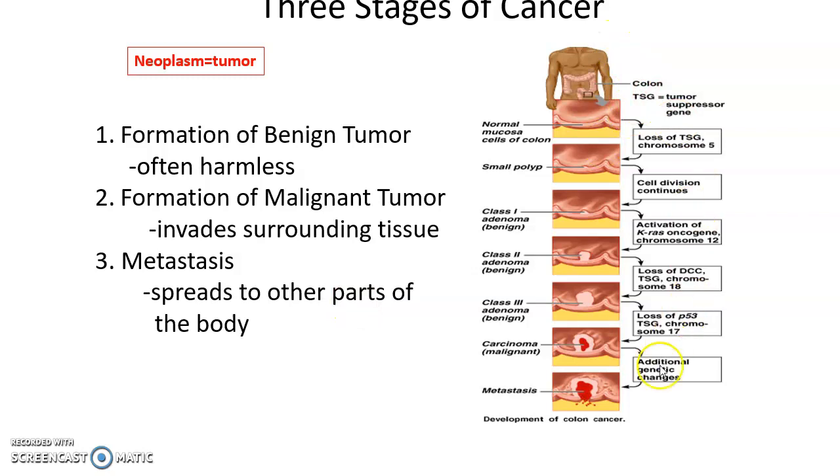And then after the addition of even more mutations to the DNA, the malignant tumor develops the ability to undergo metastasis. So the malignant tumor is now able to send out individual cells that will spread to other parts of the body, developing tumors there and damaging the tissues in those other parts of the body. So again, lots and lots of accumulation of mutations to the DNA lead to the development of cancers.